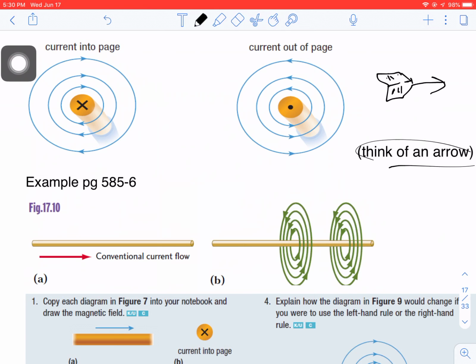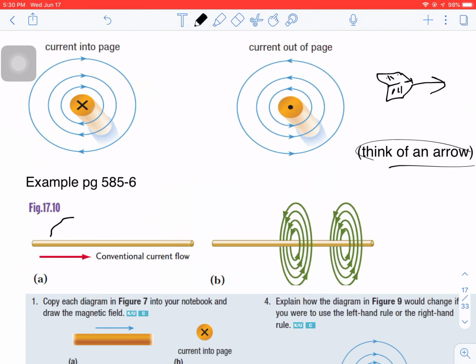So if I look at the pictures on the bottom here, A and B, I'm going to use my right hand and wrap it around that wire. Slide my fingers under the wire and then curl them over, with my right thumb pointing towards the direction for conventional current, which is to the right. So I can see my fingers are going around the bottom and wrapping up over top.